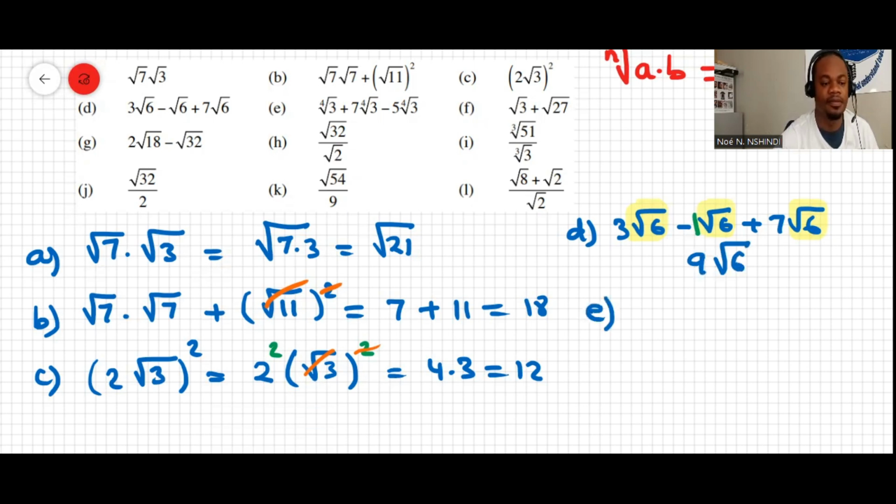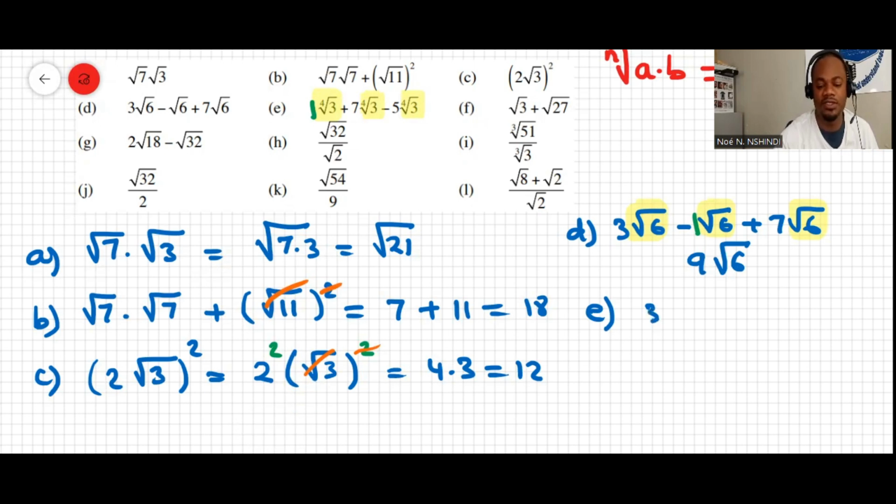E. Over there, if you look at E, each expression also has fourth root of 3, so there I can just put a 1 in front of the fourth root of 3. So you just do 1 plus 7 minus 5. 1 plus 7 is 8, minus 5 is 3.